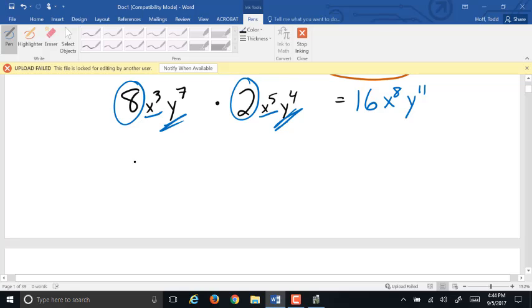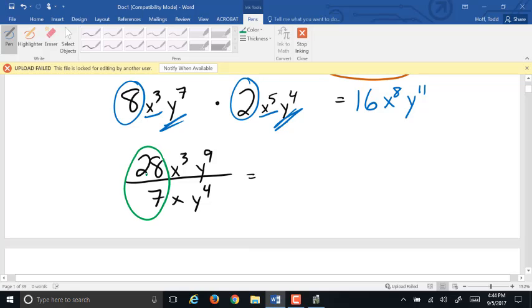Division is going to be the same way. We might have 28x to the third y to the 9th divided by 7x y to the 4th. When we divide, just like multiplying, we combine the counts.